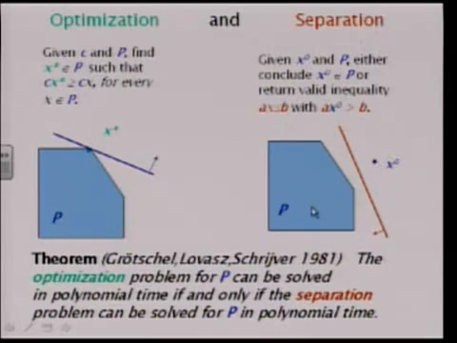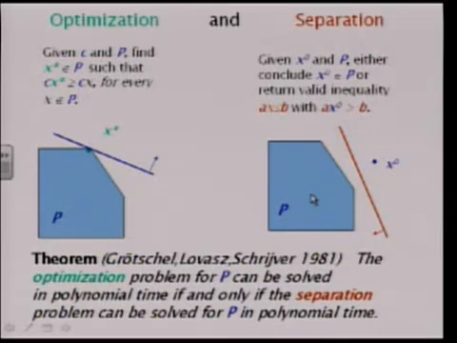If it is outside, that means you can separate between x0 and the polyhedron. You want to say a point belongs to this set or not. Can you find an efficient algorithm to test if a particular point is inside the polyhedron or not?